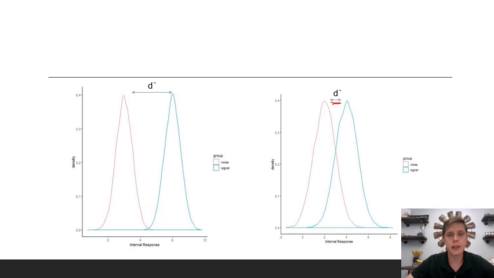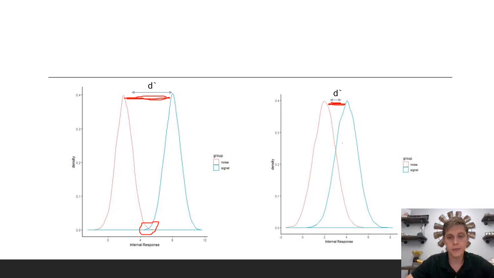The distance between these two peaks is much smaller than it is over here, which means that the discriminability is quite different between this condition, where your signal is way out here and your noise is over here, and this condition where your signal and your noise show substantial overlap. The reason this is important is that when you get overlap between your distributions, that is where your errors occur. So right here, this is where the errors occur within your detection task.